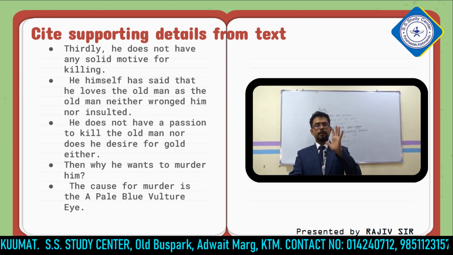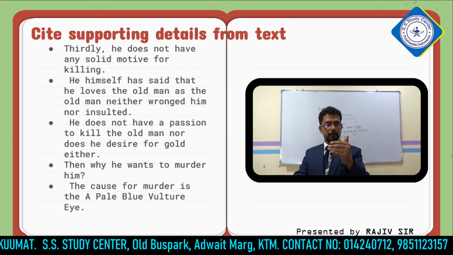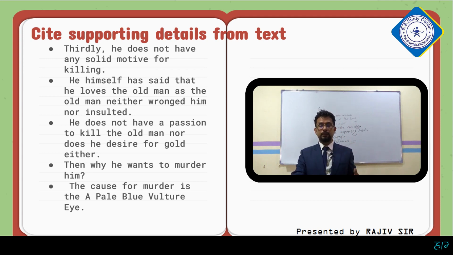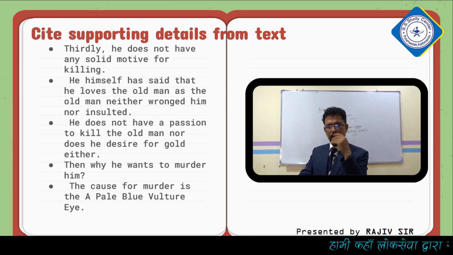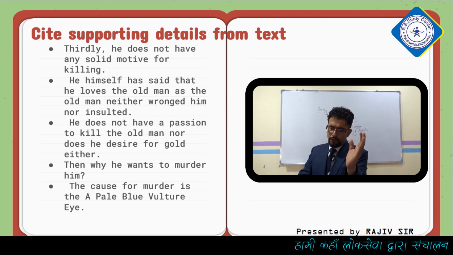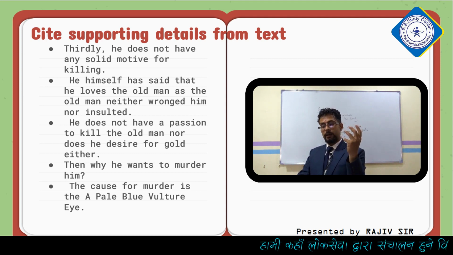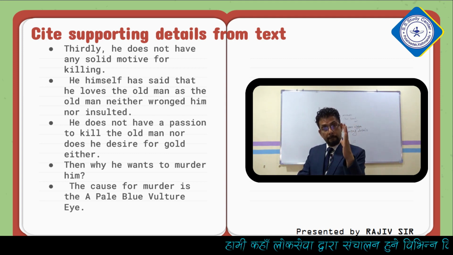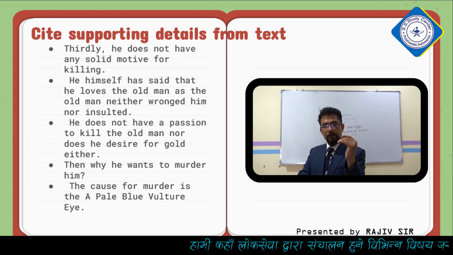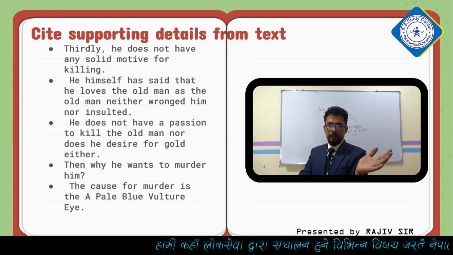He does not have a passion to kill that old man, nor does he desire the gold either. Then why does he want to murder him? The cause for murder is the pale blue vulture eye.